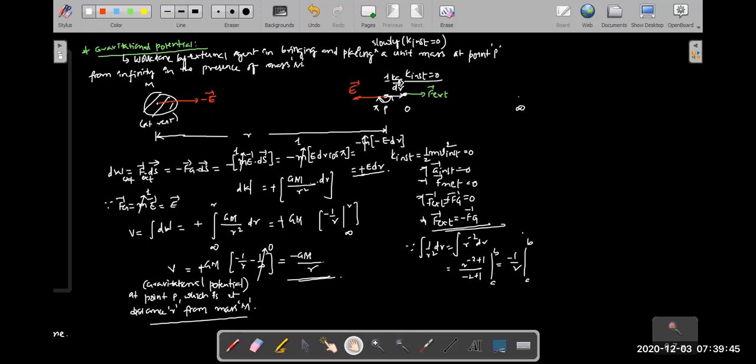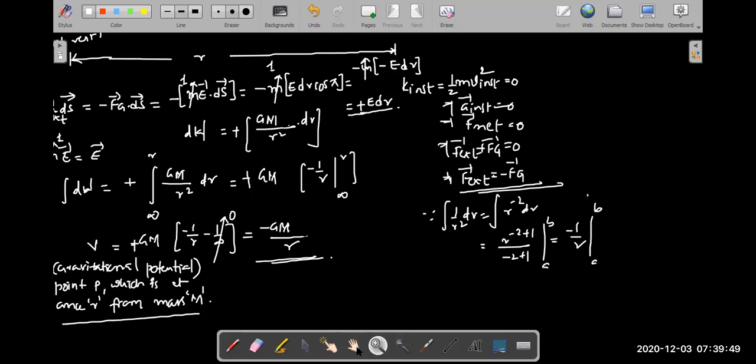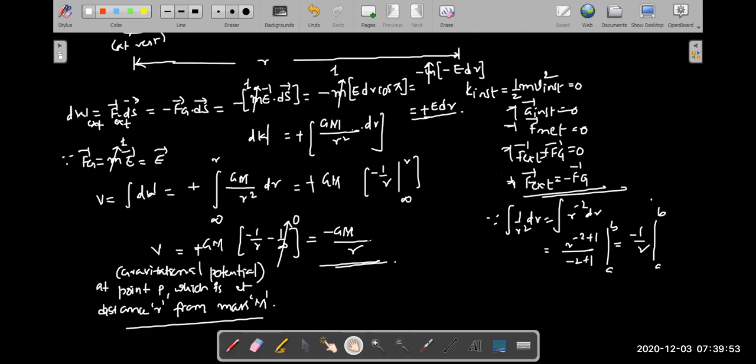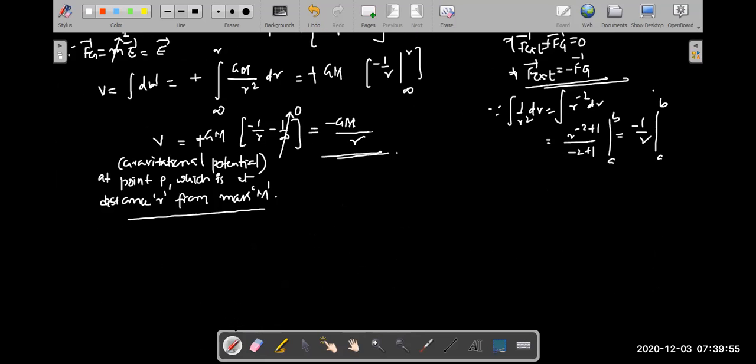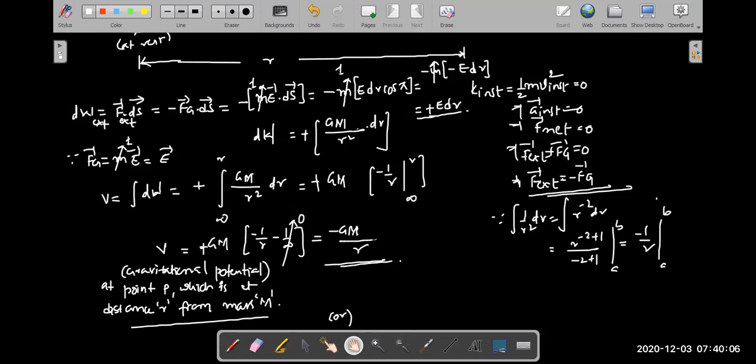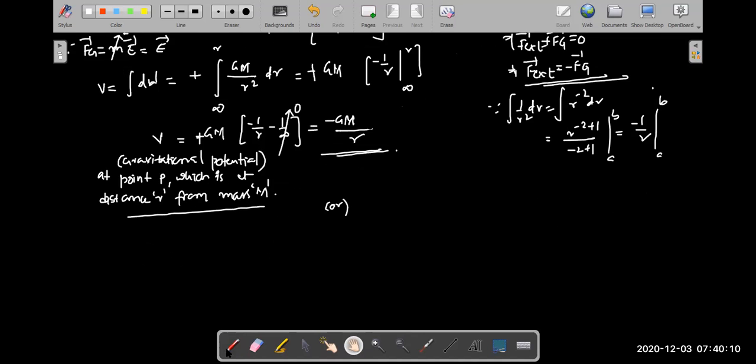Is it done? Now look here. From this, overall, what's the relation over here? We can say that for m kilos of mass, what we have done is found the potential.